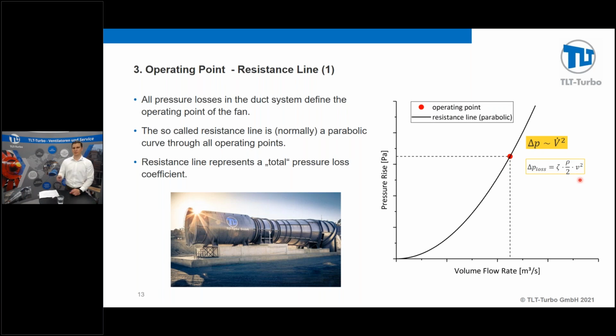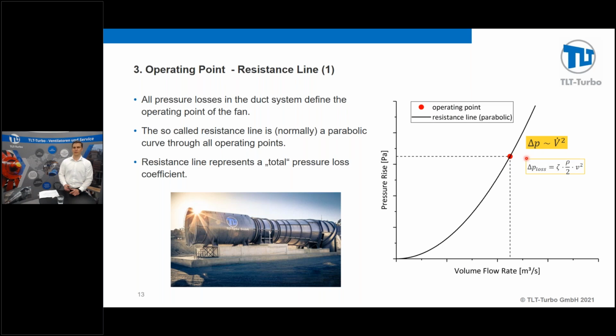And if you remember the continuity equation, the volume flow rate correlates linearly with the velocity. So at the end of the day, the pressure loss or pressure rise is proportional to the volume flow rate squared.